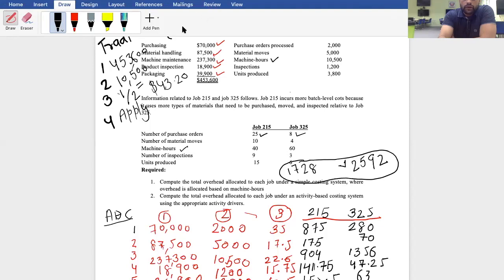Same. Okay. All right. So now we add them all in order to check the overhead allocation to job 215 and overhead allocation to job 325. All right. Okay.